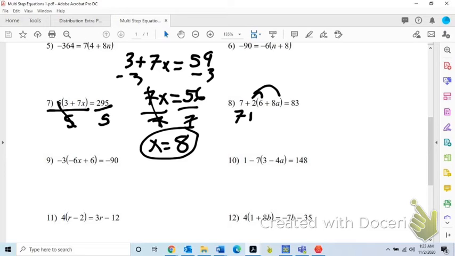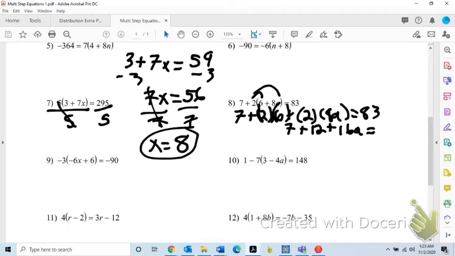So 7 plus 2 times 6 plus 2 times 8a, equals 83. Let's clean this up. 7 plus 2 times 6 is 12. Plus 2 times 8a, 16a, equals 83.